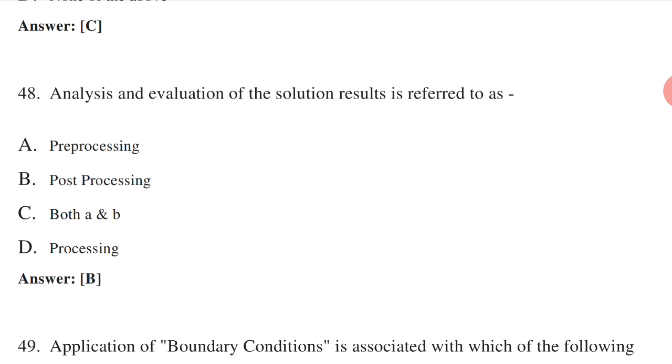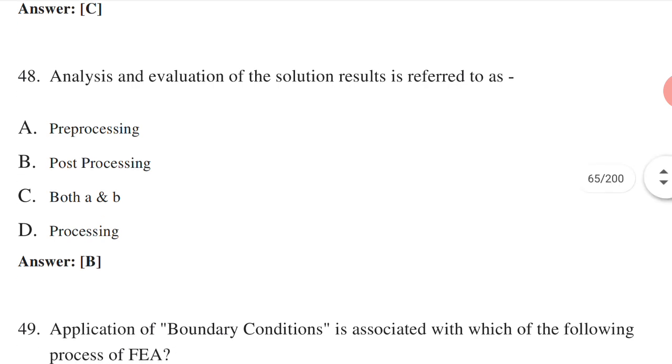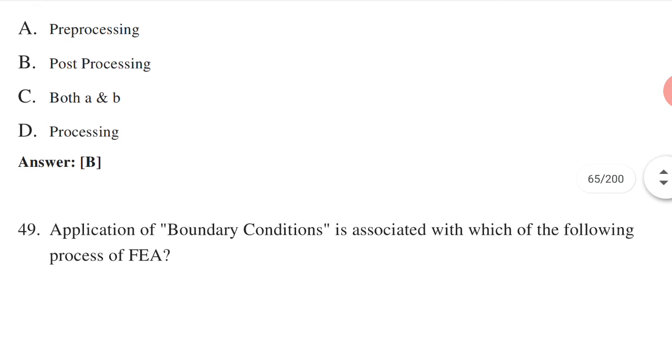All these things we can find with the help of post processing, or the finishing part. What we can say for this finite element analysis is post processing. So, the answer is B.